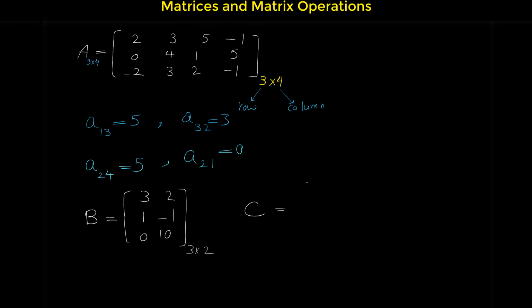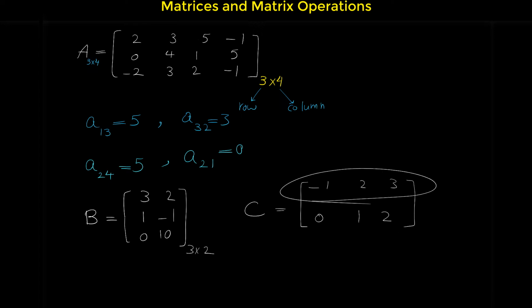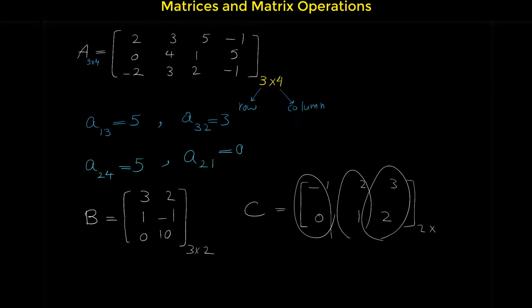Let me show you another example. Look at this matrix. Negative 1, 2, 3, 0, 1, 2. What is the size of this matrix? 2 rows and 3 columns. So this is a 2 by 3 matrix.